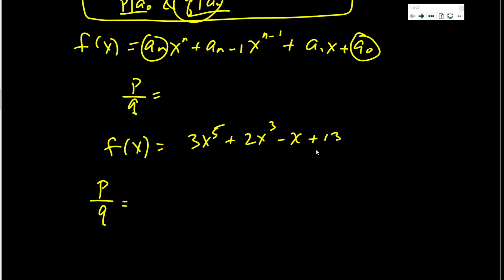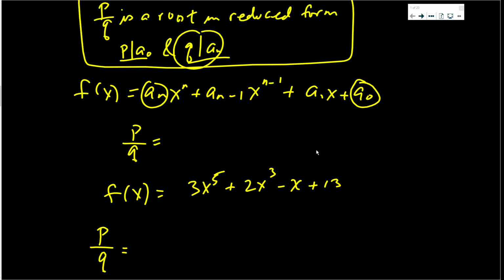Well, the numerator, P, must go into the constant. So P is one of these numbers. 1 goes into 13, 13 goes into 13, negative 1 goes into 13, negative 13 goes into 13.